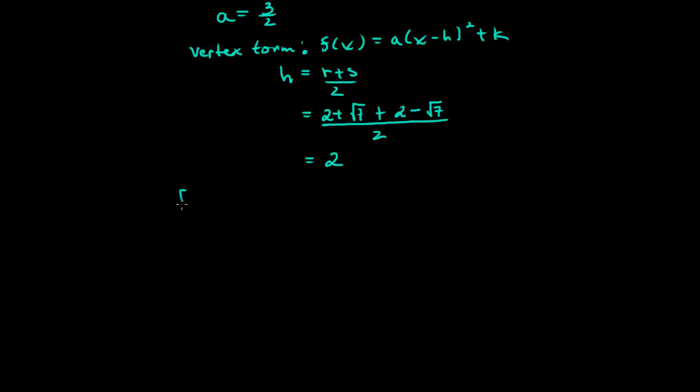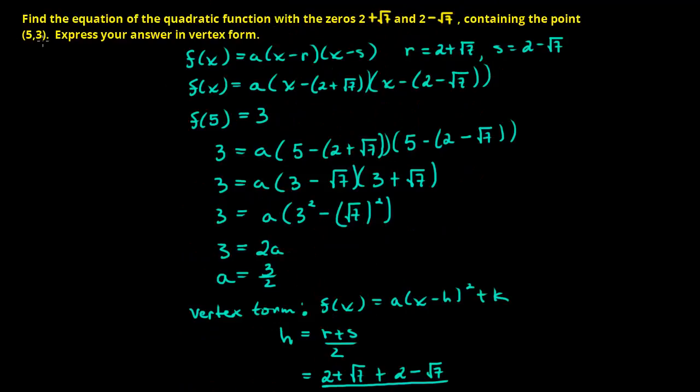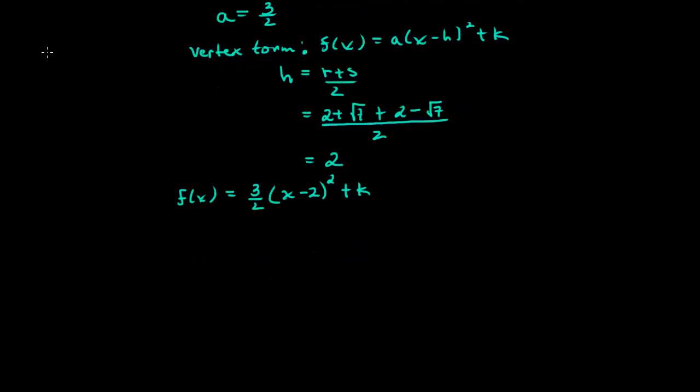So now our function looks like this. We have f(x) is equal to 3 over 2 times (x minus 2) squared plus k, because h was equal to 2. Now, we don't know what k is, and k is what we need to figure out to finish off this function. K is the only missing piece of information left over. So notice again here that we could plug in the point (5, 3) and then solve for k.